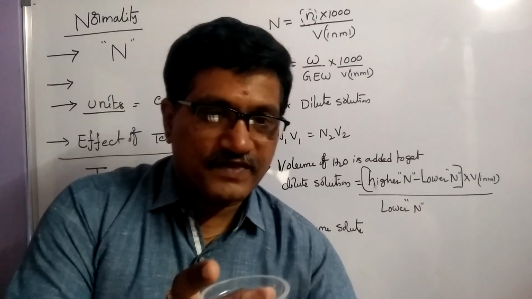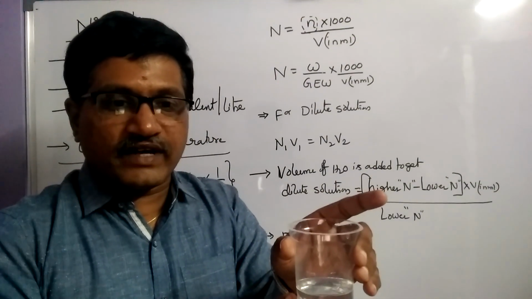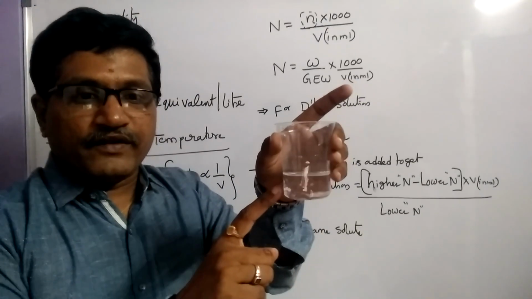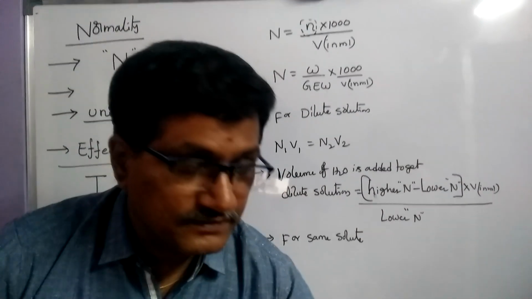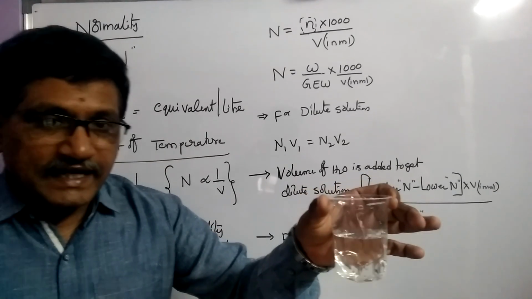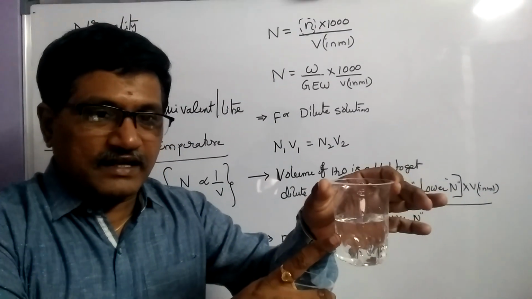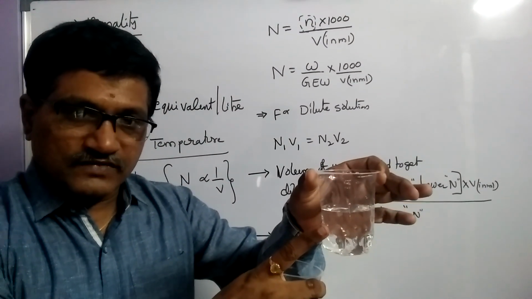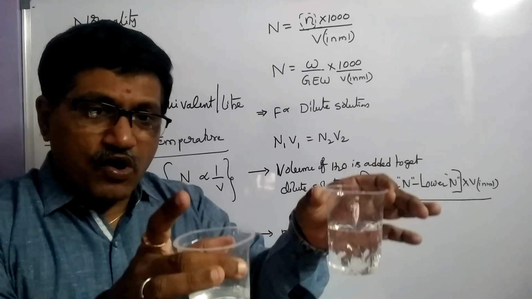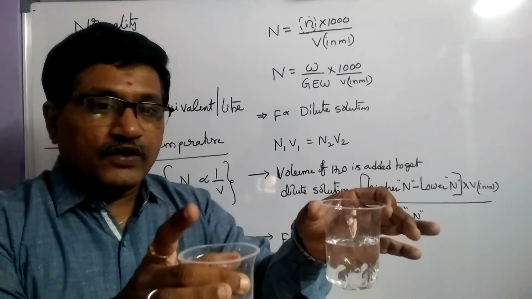This is NaCl solution, its normality N1, volume V1. Next, another solution, its normality N2, volume V2. In both solutions, the solute is the same, NaCl.